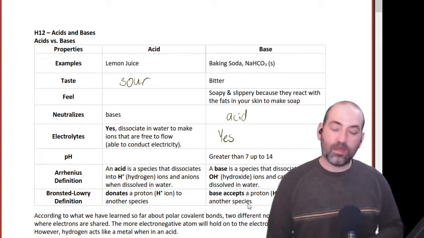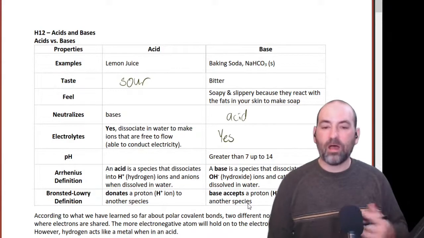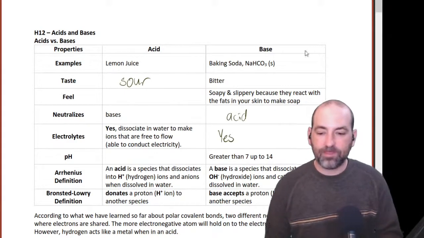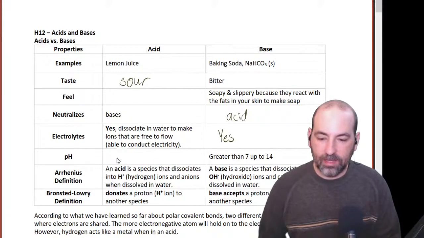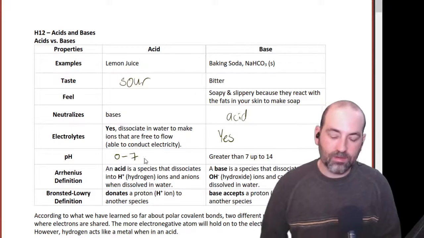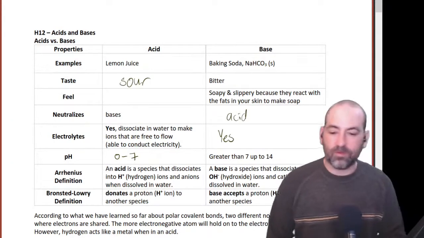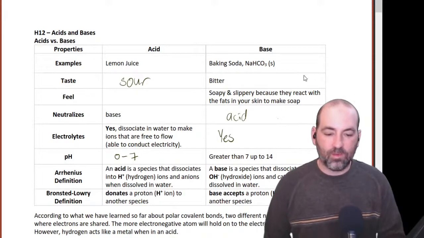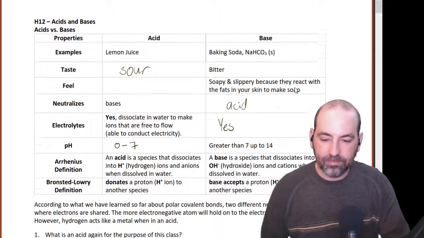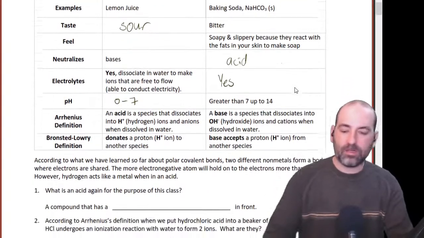We'll talk in a little bit about how that works exactly. They're measured on something called a pH scale. Again, we're going to get into that later. An acid will generally go from 0 to 7, and then a base up to 14. It's a 0 to 14 scale, and we'll see what that looks like and how it's calculated a little bit later.